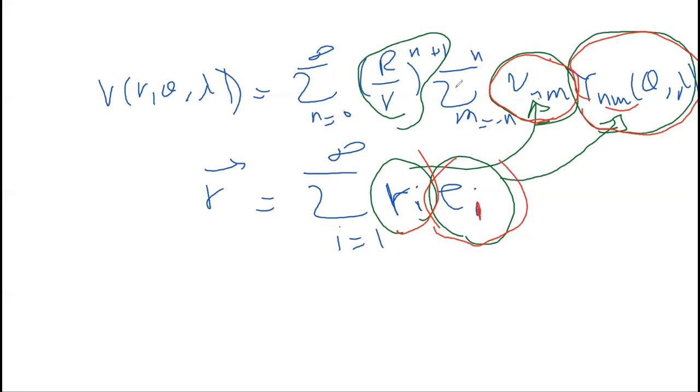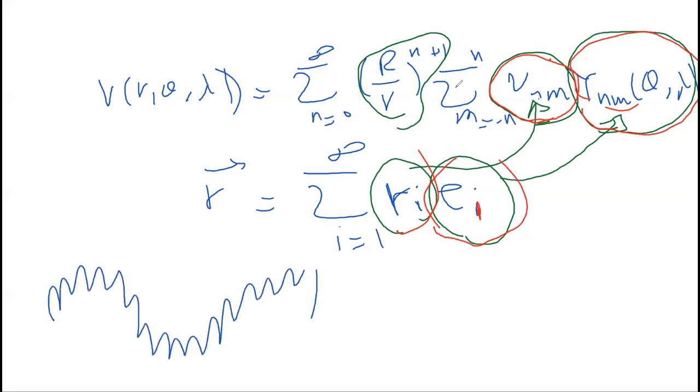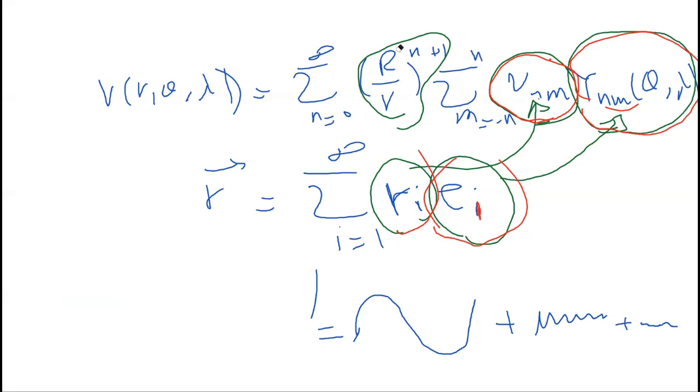Fourier says that if we have a signal like this, for example a frequency, a signal like this, plus some small frequency plus a smaller frequency, it means that you will try to model this signal by sine or cosine functions.